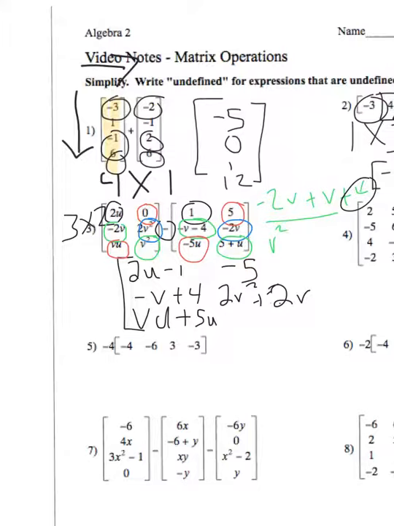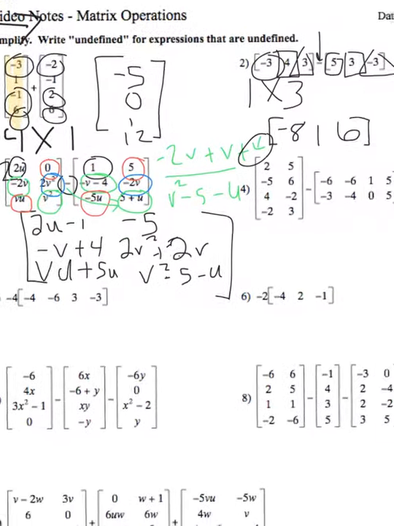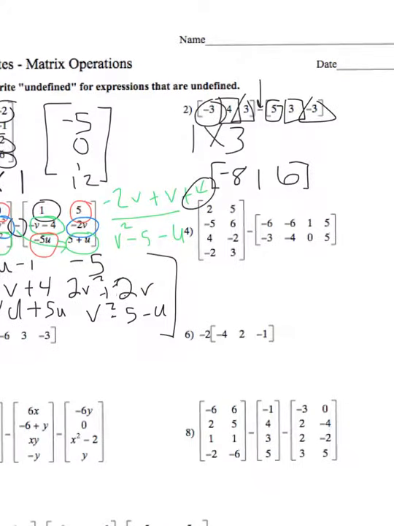Now that negative has to get distributed in there, so it's going to be minus 5 minus U. So that's the last spot: V squared minus 5 minus U. And there's our 3 by 2 matrix that we have left. So it's real simple. You just have to add and subtract the spots as they come.